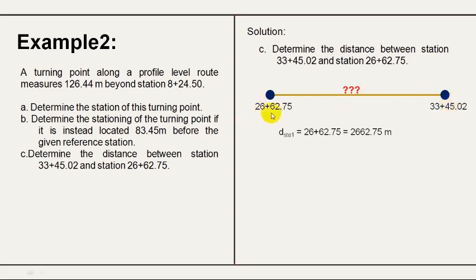So, station 1 could also be written as 2,662.75 meters. And station 2 equals 3,345.02 meters. So, to determine the distance between these two stations, we subtract: the distance of station 2 minus the distance of station 1.